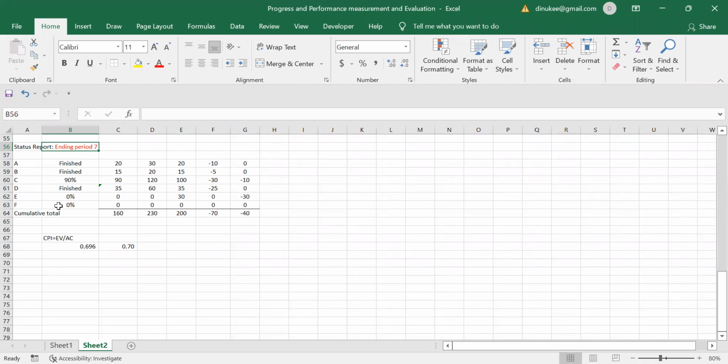The interpretation part I have told you: for every rupee that we have spent, we have earned only 70 cents. So did you get that point?